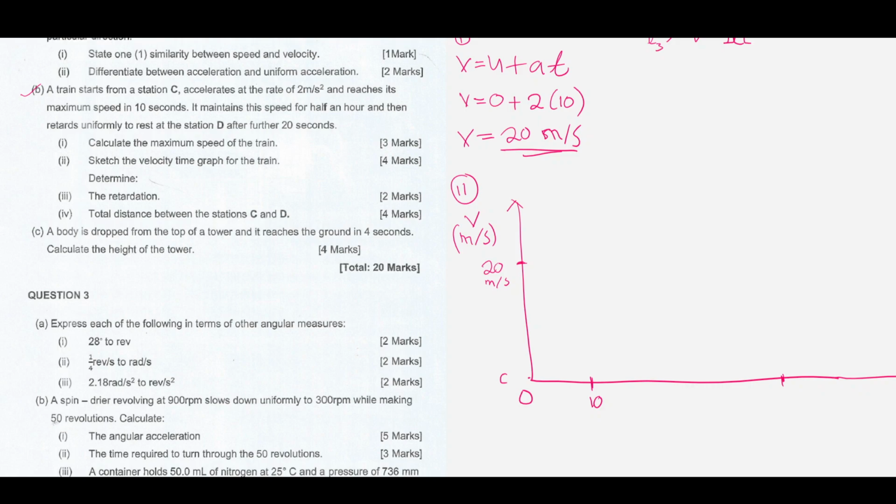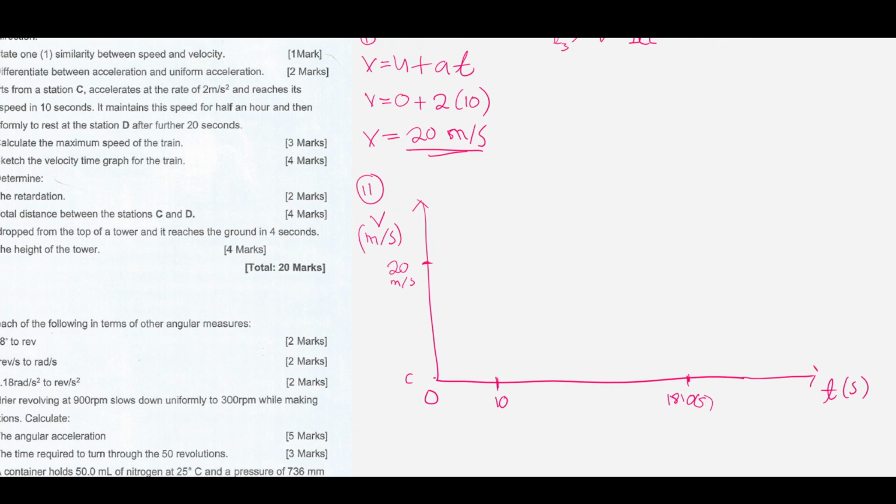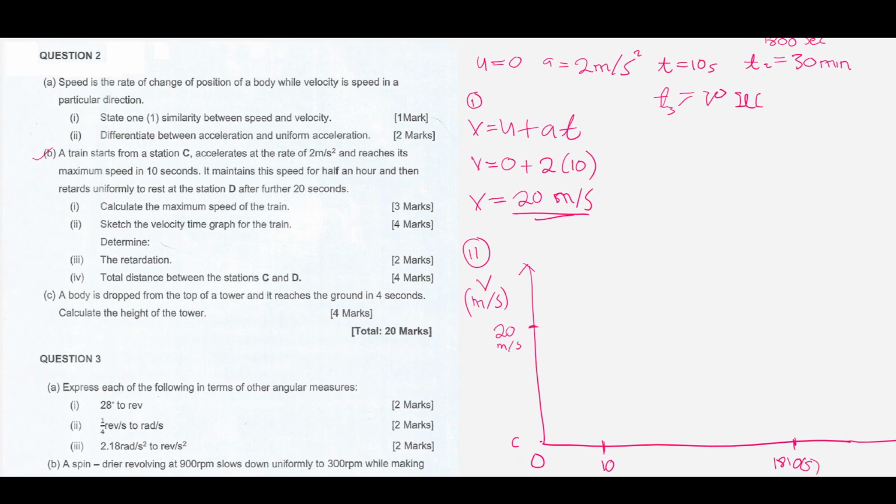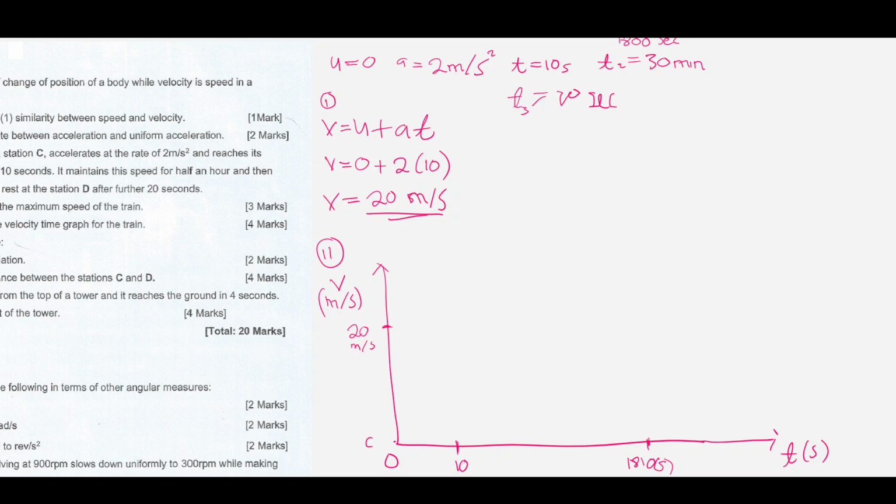Okay, so meaning it will maintain this same speed up to somewhere there. Now this point, this is where 1810 seconds is, because it is 1800. And then retards uniformly to rest at station D after further 20 seconds. So here, where the train goes back to rest, we expect to have 1830 seconds, because we're just adding 20.